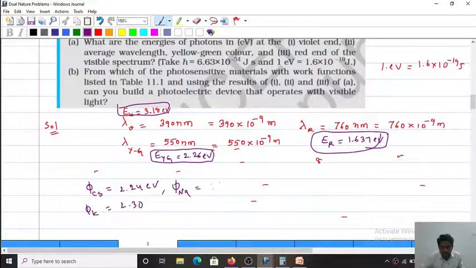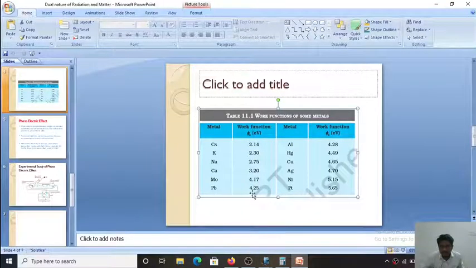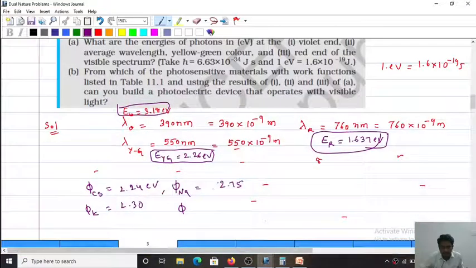Work function of sodium is 2.75. Work function of the other metal, calcium, is 3.20. These are measured in electron volts. Okay, right. Now these are the photosensitive materials.